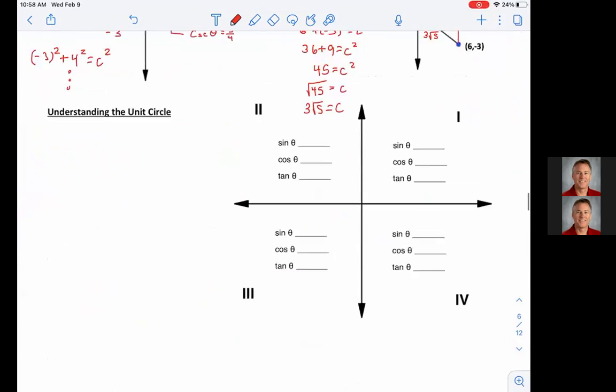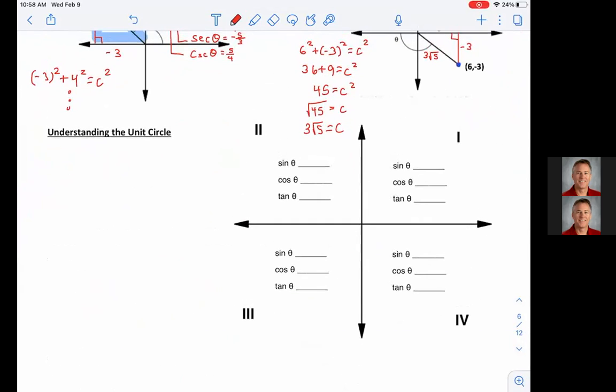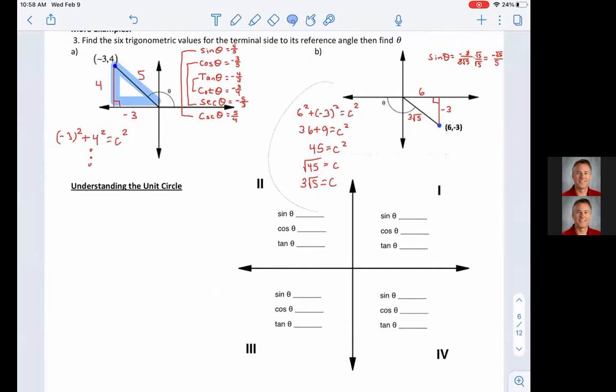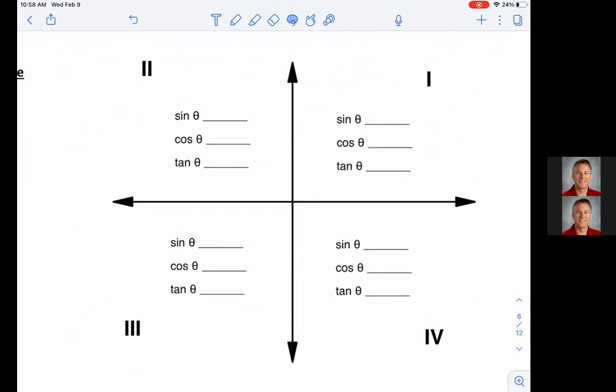All right, so last thing here for understanding the unit circle, let's just talk positives and negatives in terms of the quadrants. Okay, so I'm gonna move this out of the way here a little bit, guys. So we have our 4 quadrants. Let's go counterclockwise. Remember, in the unit circle, the sine is the y value, the cosine is the x value.